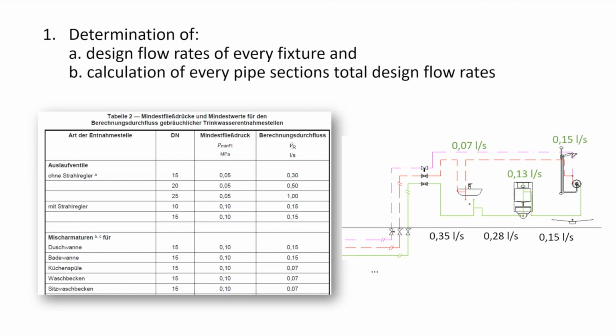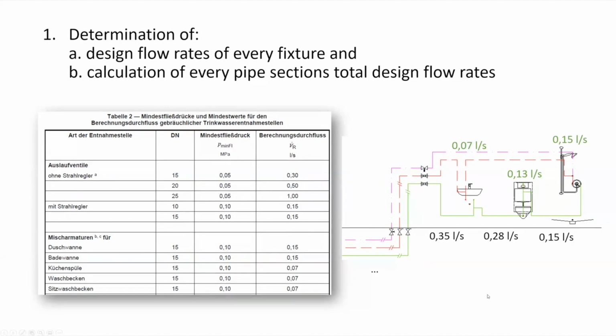If we add the toilet in the middle, which should have 0.13 liters per second, then we are at 0.28 liters per second. And at the beginning, we are adding the wash hand basin with another 0.07 liters per second. So we need a total flow rate of 0.35 liters per second. We are just adding up the separate flow rates of every fixture.